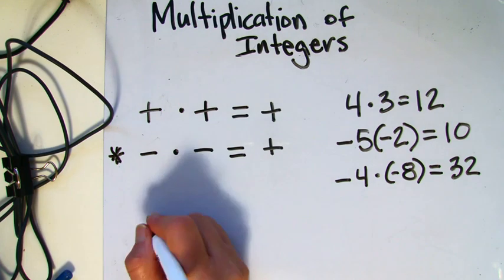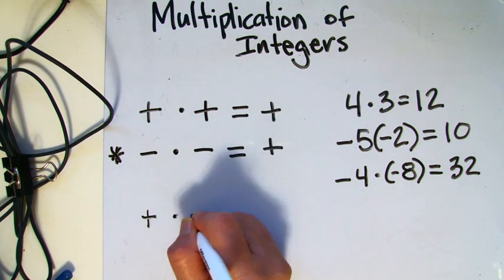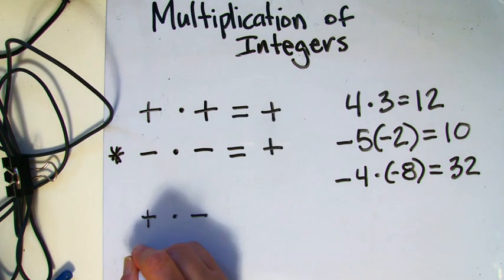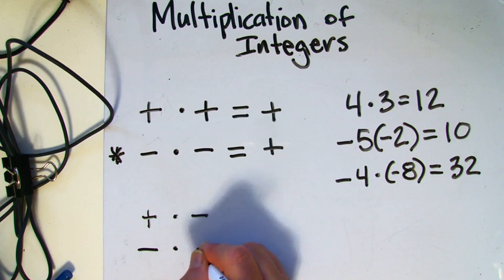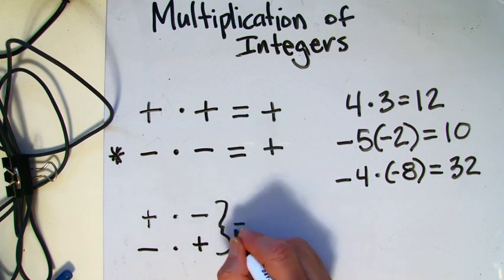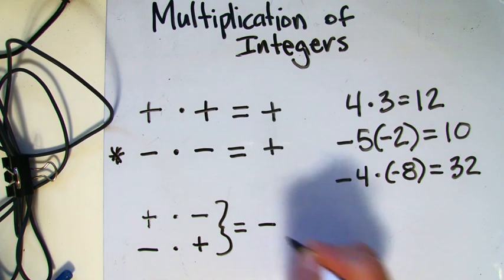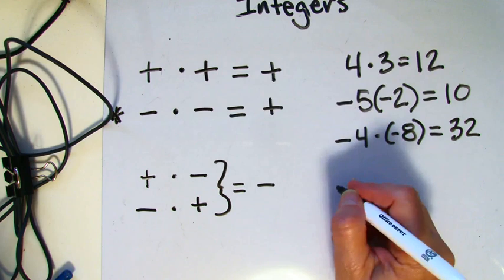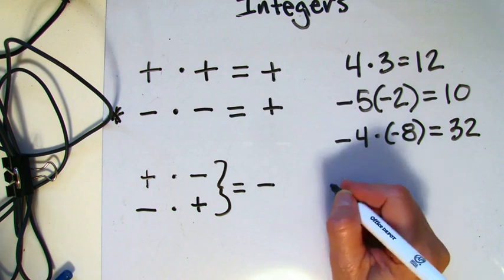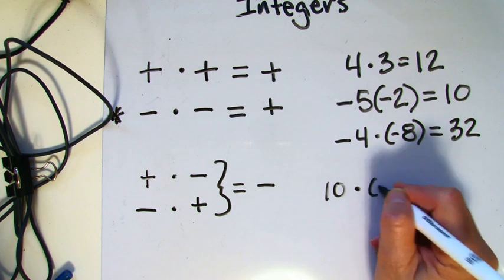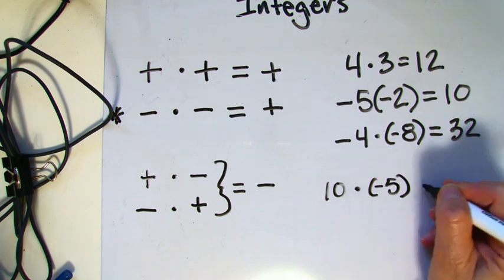The next one, of course, will be a positive times a negative, or you might start with a negative and then multiply that with a positive. In both instances, your answer or product will be a negative answer. So let's have a few examples. Let's say we have 10 times negative 5.